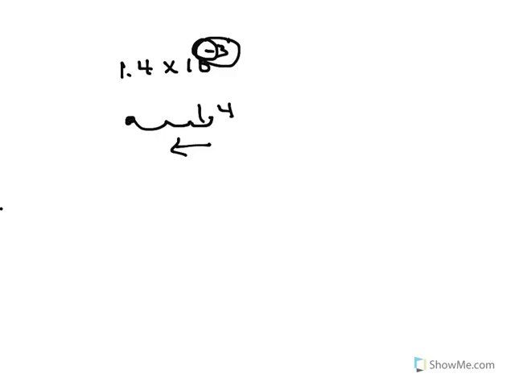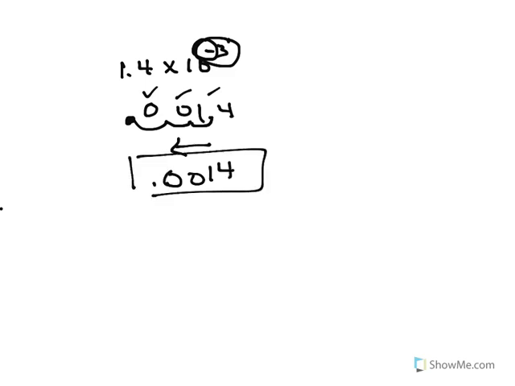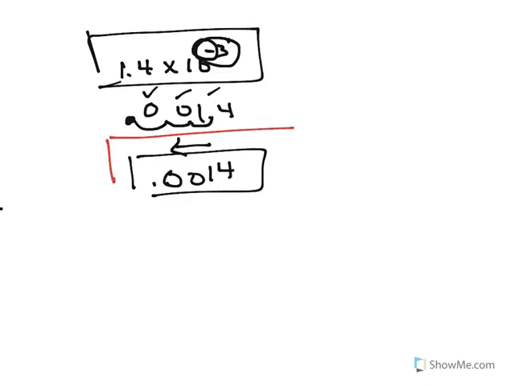Now it has been moved 3 spaces. I'm going to complete with zeros, and the number is 0.0014. So this number, which is written in scientific notation, can be written in standard notation in this form.